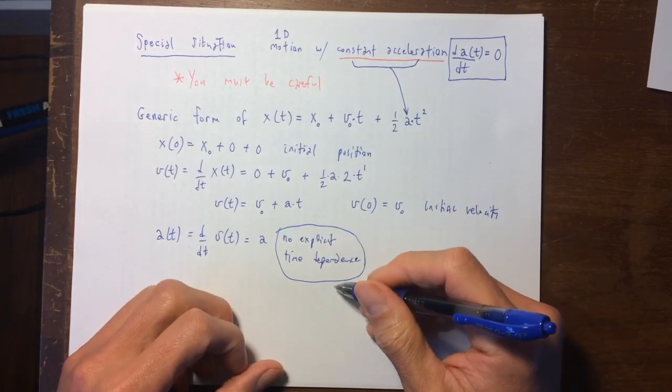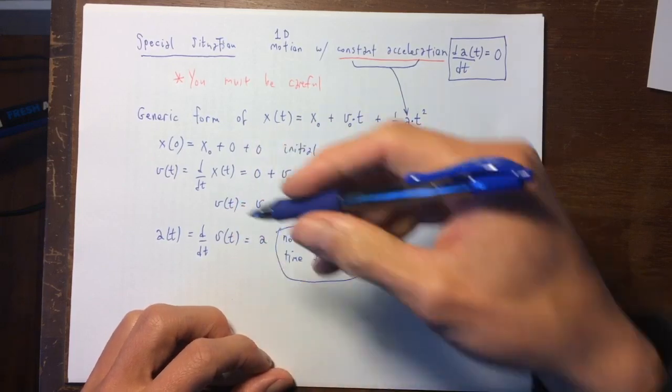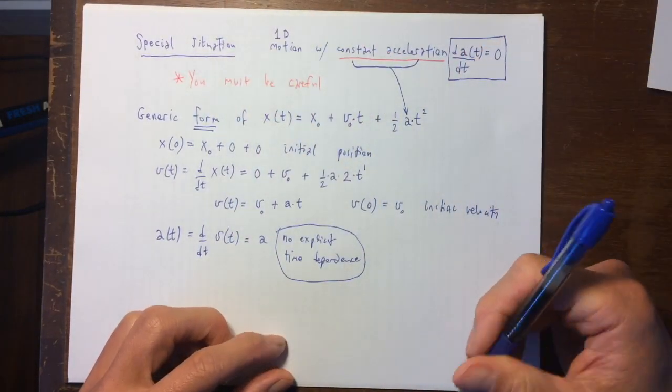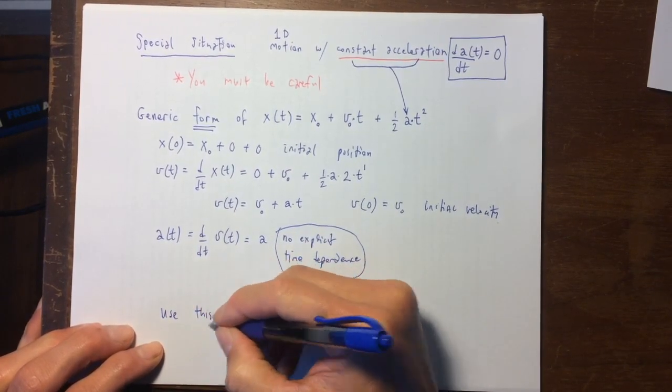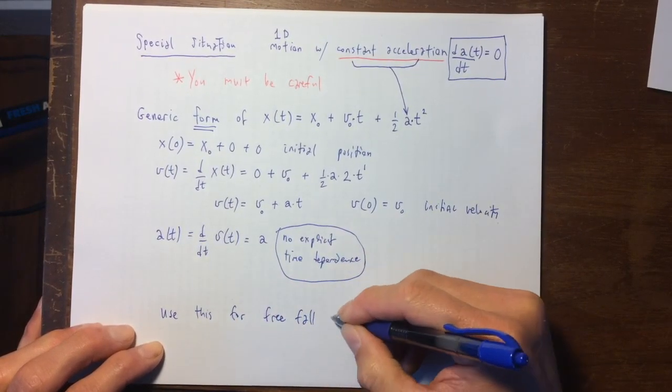So to begin with, it was just a constant acceleration form. So you've got to learn how to use this form to solve problems. You can use this for free fall problems.